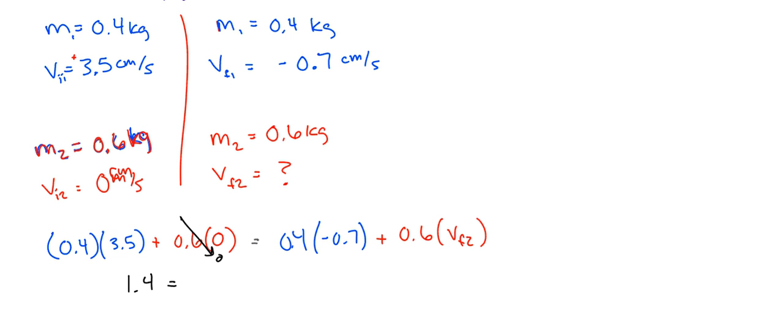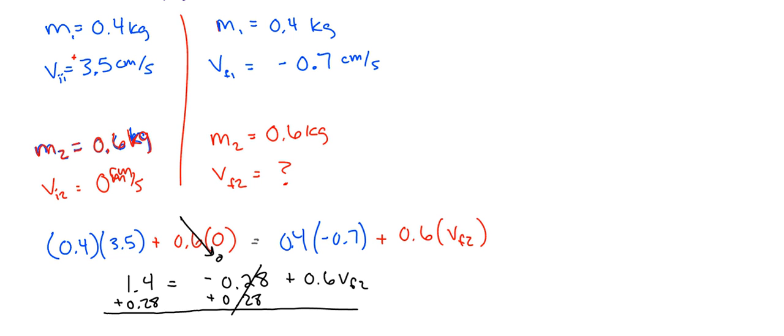But the second ball is going to appear to have more momentum than that, because this first ball has negative momentum now. Plus 0.6 v final. So I have to add 0.28 to the initial momentum, because 1.4 was all in the positive direction, and now I've got some momentum going in the negative direction.